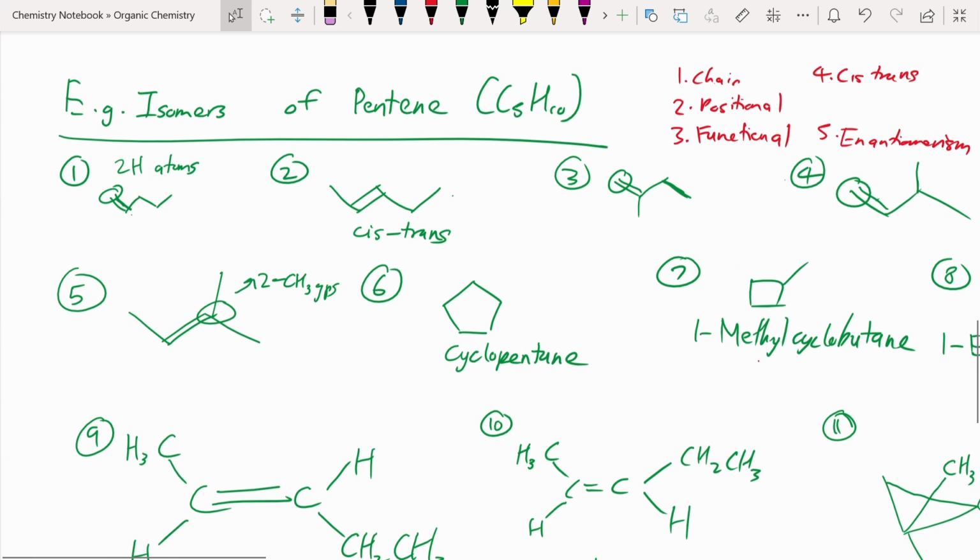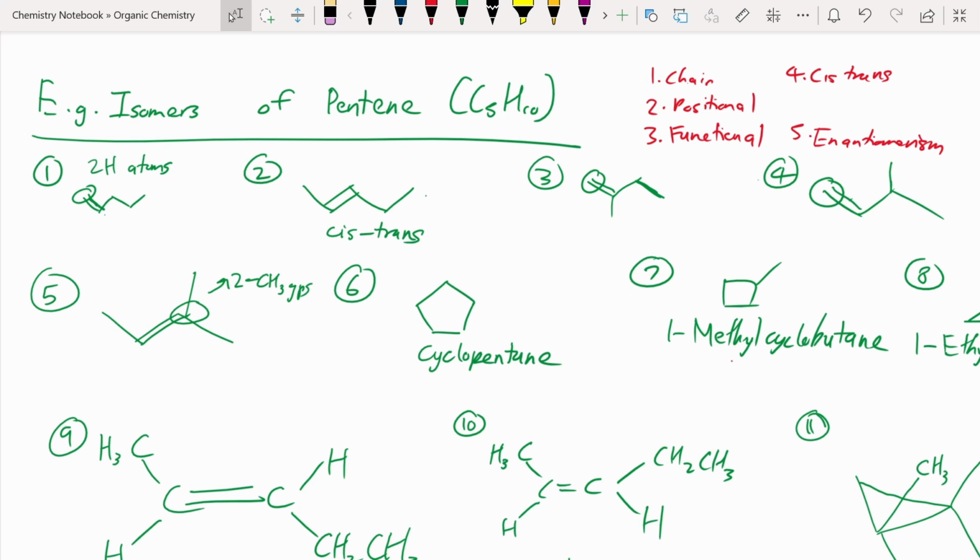So for the first 5 isomers, you can see that it's very hard for enantiomers to exist, especially when there's a double bond. For enantiomerism to exist, there must be a chiral carbon.